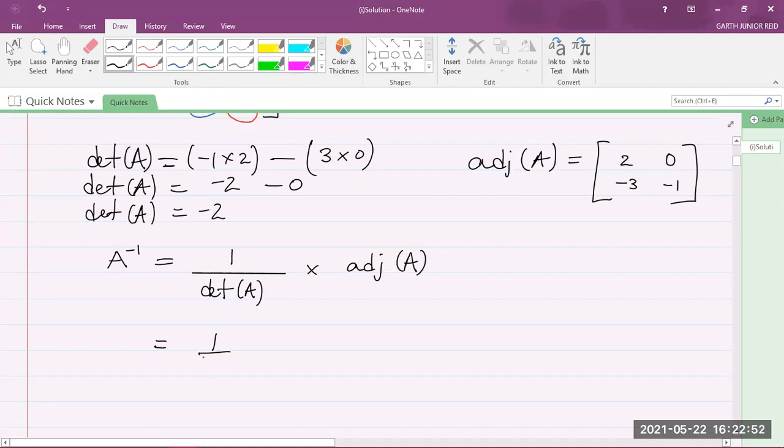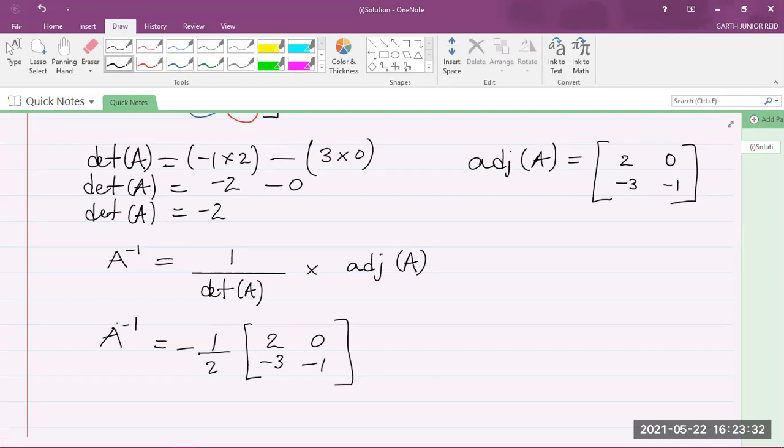But in mathematics, we don't like to leave a negative number in our denominator. So I'm going to put the 2 here, and I'm going to put the negative to the side. You can either put it to the side or in the numerator. So we have negative a half there, and we're multiplying that by the adjoint of A, which is 2, 0, negative 3, negative 1. And that is known as the inverse of A.